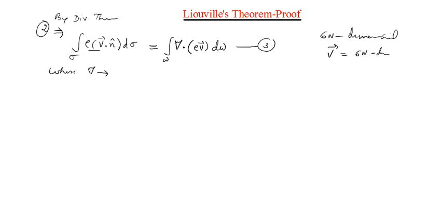So the gradient operator operating on this velocity vector must also be 6n dimensional. So we have to mention that del is the 6n dimensional gradient operator. It's hypermathematics, but you can always extend your ideas.